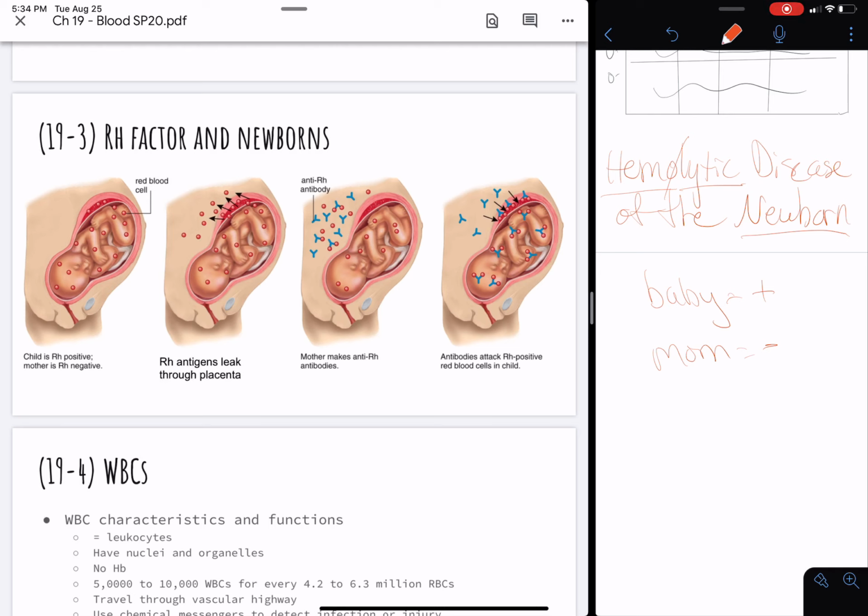If mom's blood ever gets mixed with baby's blood during either procedure, then mom's immune system might still be activated to produce that Rh antibody. And if mom starts making that Rh antibody and has another child that is also Rh positive, but mom is still Rh negative, then before baby even gets a chance to implant or develop through the first trimester, mom's immune system is already attacking it, so it stands no chance.